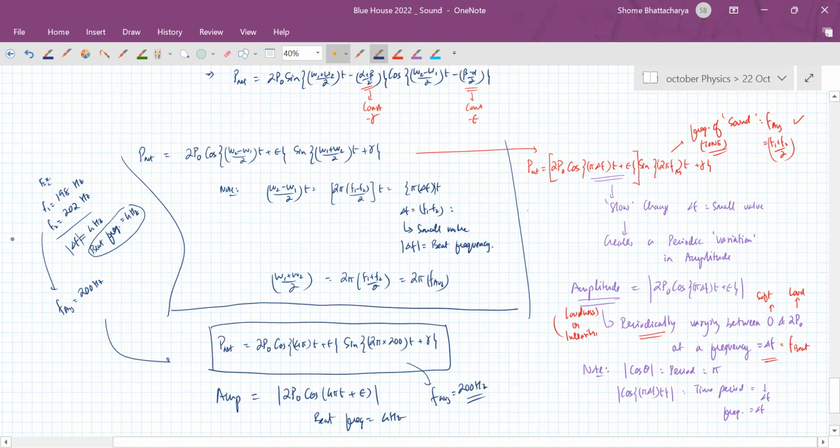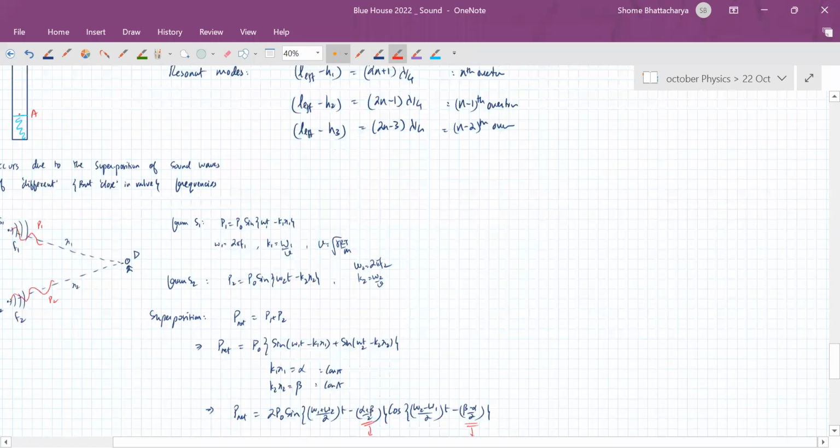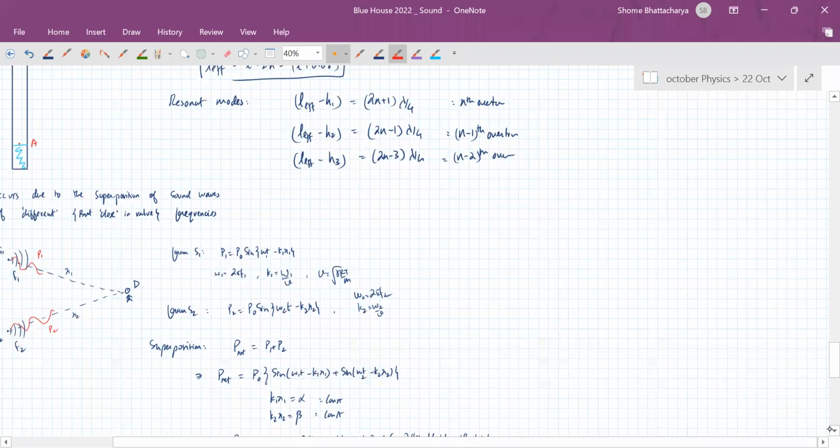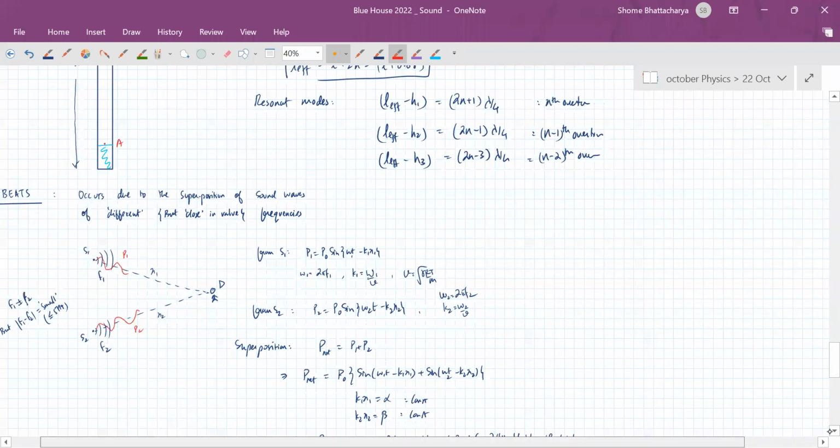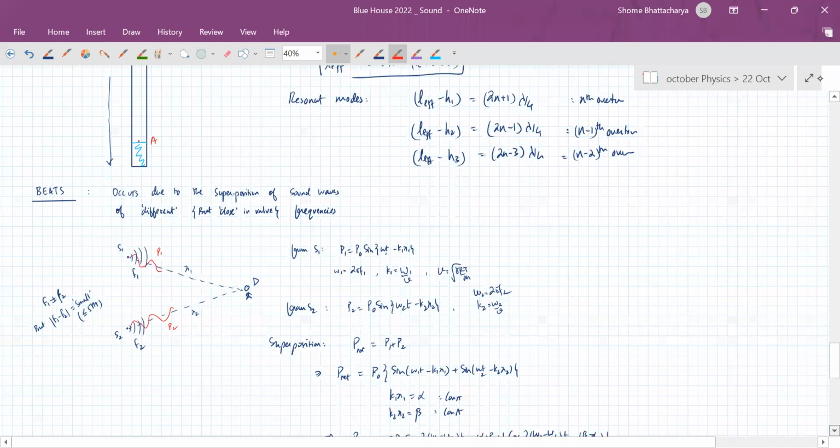For this particular example, where f1 and f2 are like this, this is the frequency of sound heard, and this is the beat frequency. Yes, I'm scrolling up a little bit. We'll come back to this.